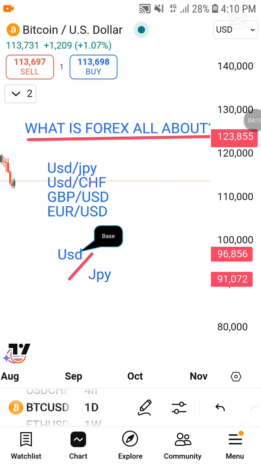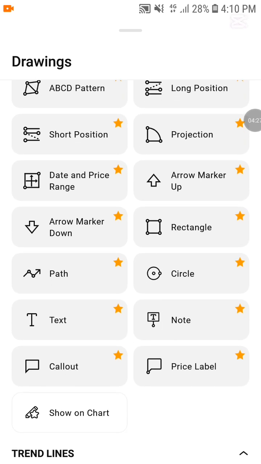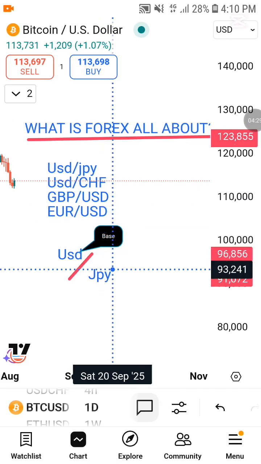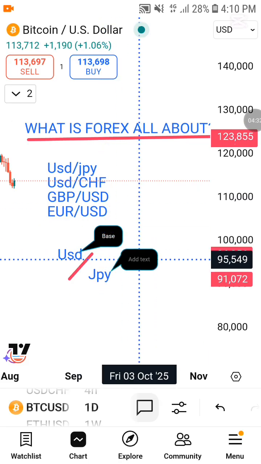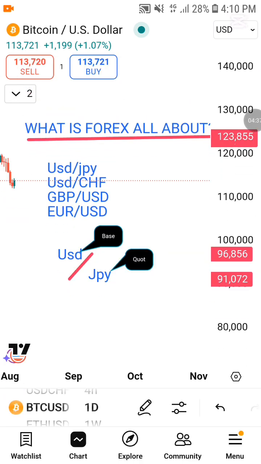Can you see? What this market is saying is: how much of this quote currency, this Japanese yen, do we use to buy 1 unit of USD? That is what this market is talking about. I hope you understand that.